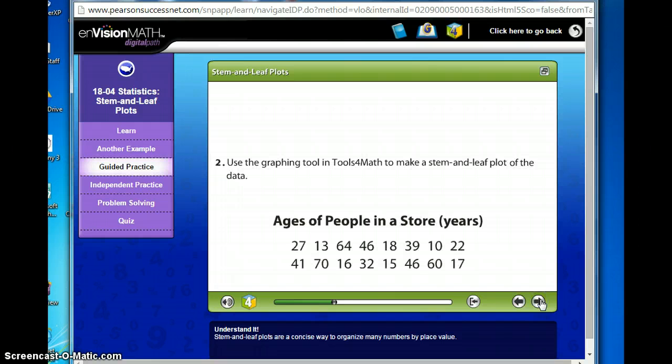Okay, we're going to make a stem and leaf plot of this data. Okay, you have this in your book. Go ahead and get a sheet of paper out. No, we're doing this together. Now, these values, we are going to put them in order first of all, numerical order.